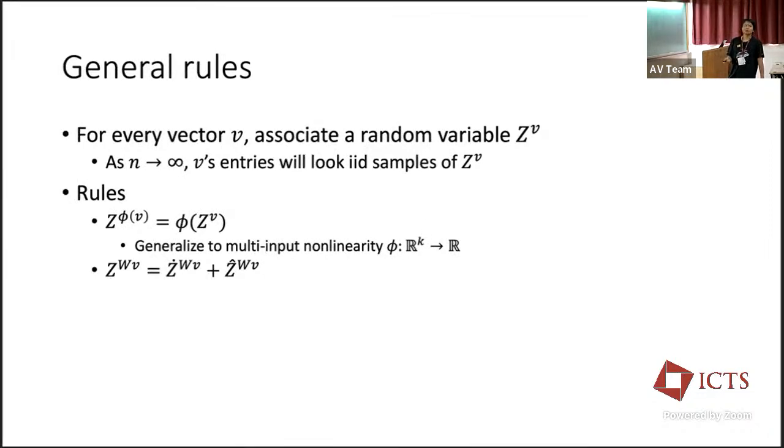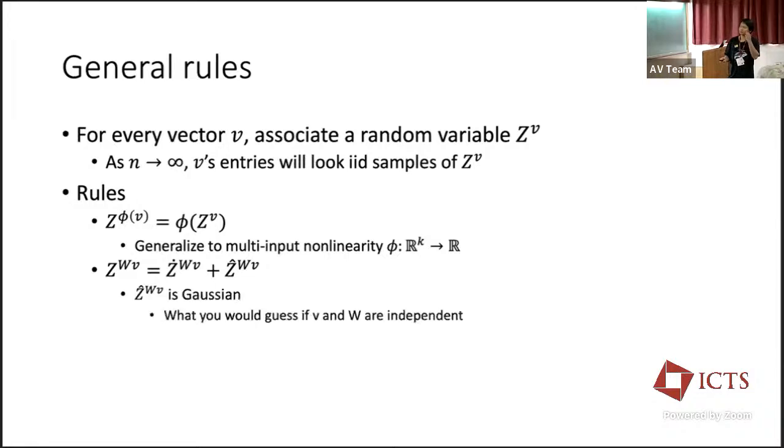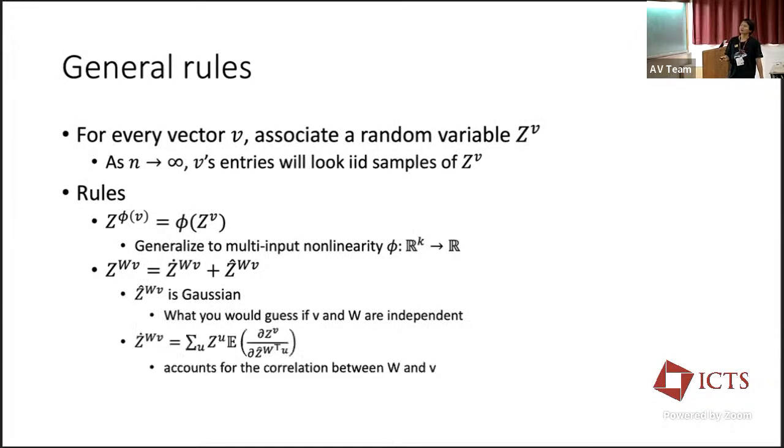And just as before, you can decompose this random variable into two parts. One is the Z hat, this term is essentially the Gaussian term, which you would guess if V and W are independent. And then the first term is where the correlation comes from. I'm writing this weird looking formula, but you can notice there's a derivative in here, and then you're taking an expectation, which is what the averaging becomes when you let n go to infinity.